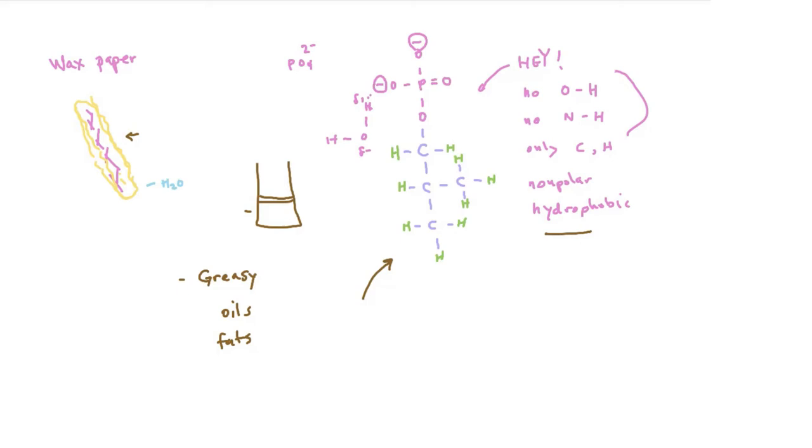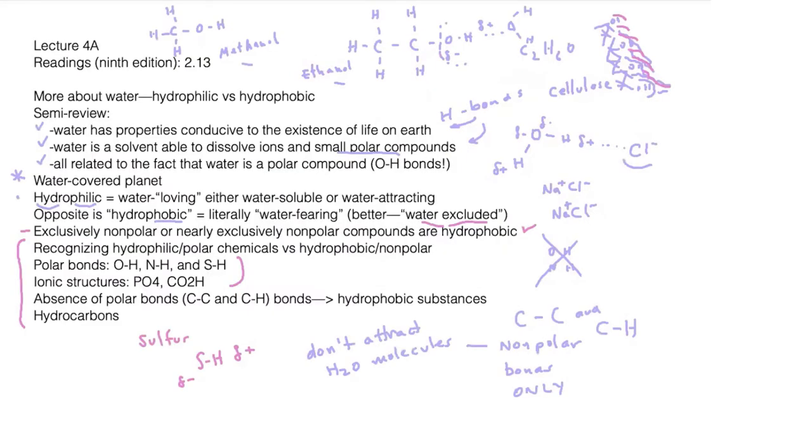Okay? So yeah, the rest of the molecule might be largely hydrophobic, a hydrocarbon, but because of the phosphate group, it's going to be highly water attracting, at least the part of the molecule with the phosphate group. Okay.